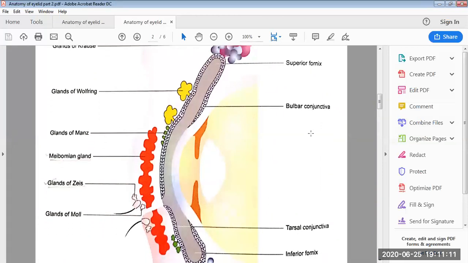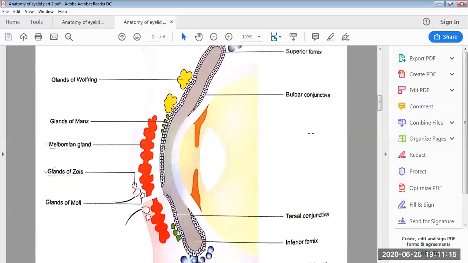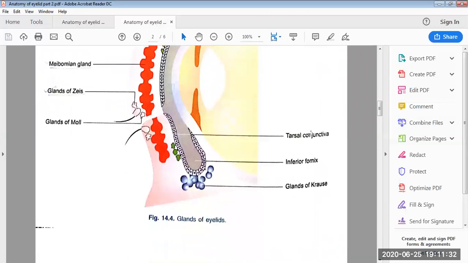Then the meibomian gland at the tarsal plate, the glands of Zeis, which open into the root of the hair follicle, the glands of Moll, which is near the hair follicle, and then the glands of Krause at the lower fornix.